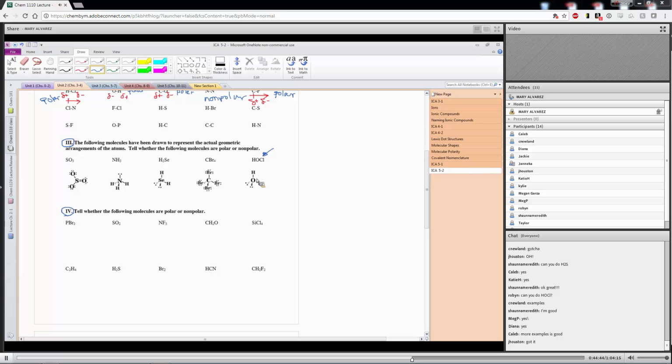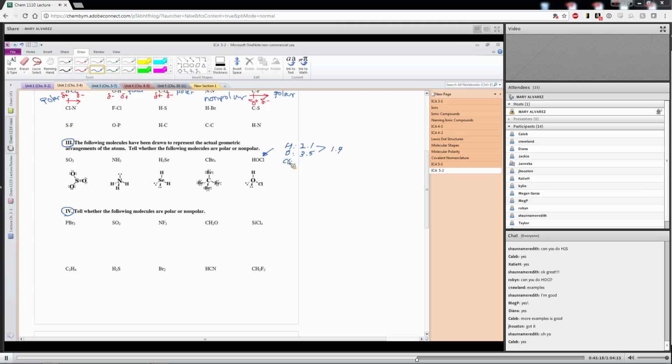So for the OH bond, you tell me, is it polar? Shauna says, oh yeah, it's polar. Hydrogen's 2.1, oxygen's 3.5. That's a difference of 1.4. Definitely polar.